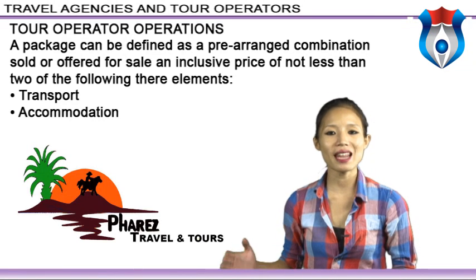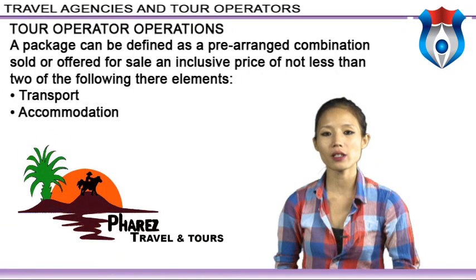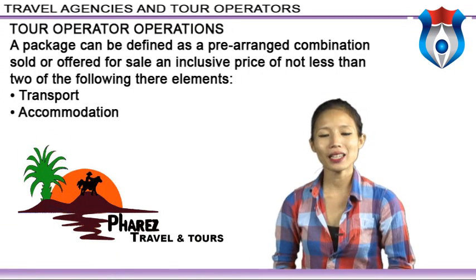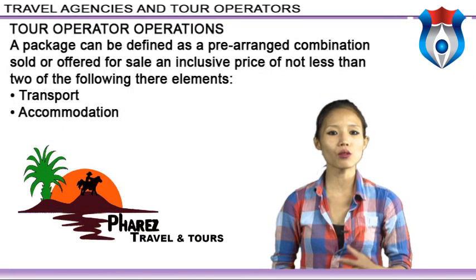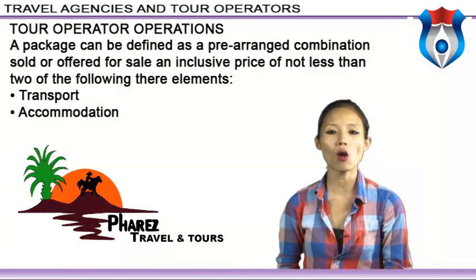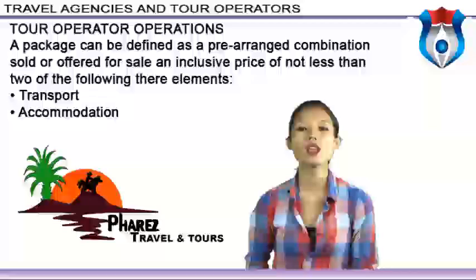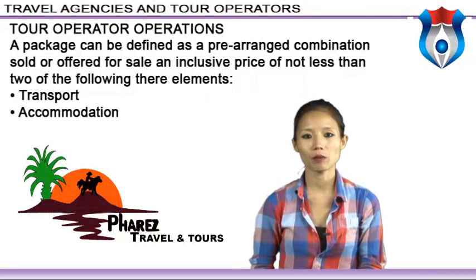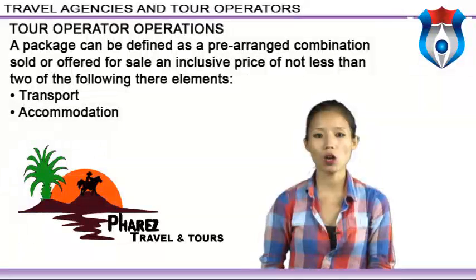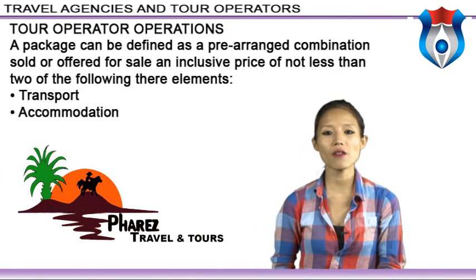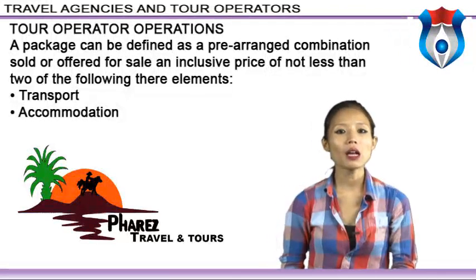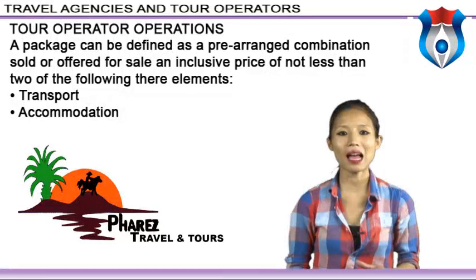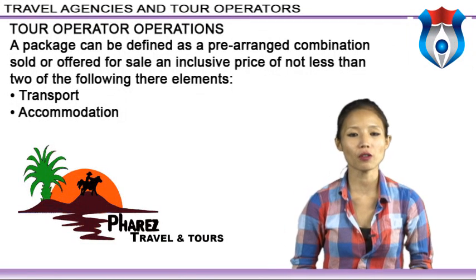Now moving on to the next topic, we will study the tour operator's operation. A package can be defined as a pre-arranged combination, sold or offered for sale at an inclusive price, of not less than two of the following elements: transport, accommodation, and other tourist services not ancillary to transport or accommodation and accounting for a significant part of the package.